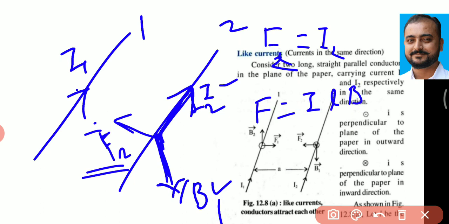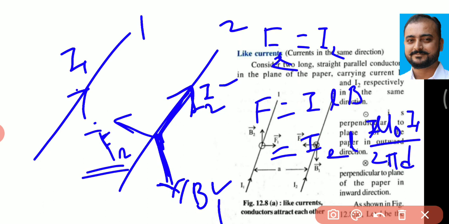According to that formula, the current flowing through this conductor is I2. Length of the conductor, let's suppose, is L. And B is the magnetic field induction, that is mu 0 I1 upon 2 pi D.